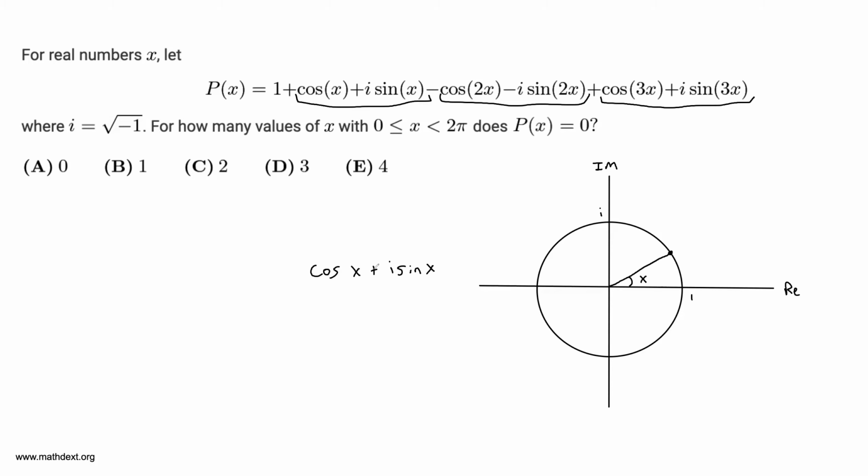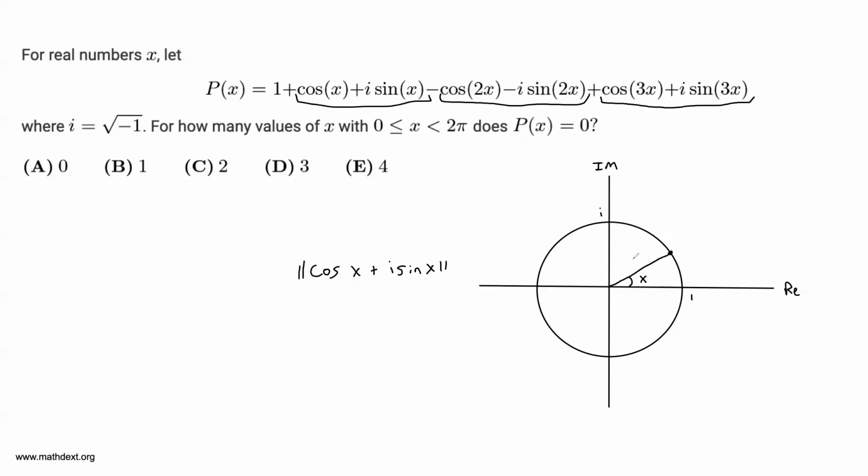That's actually defined to be the point cosine of x plus i sine of x. And the reason is because if you try to take the magnitude of this, you get the square root of cosine squared of x plus sine squared of x, which is just equal to 1 by the Pythagorean identity of sines and cosines. So the magnitude is 1.